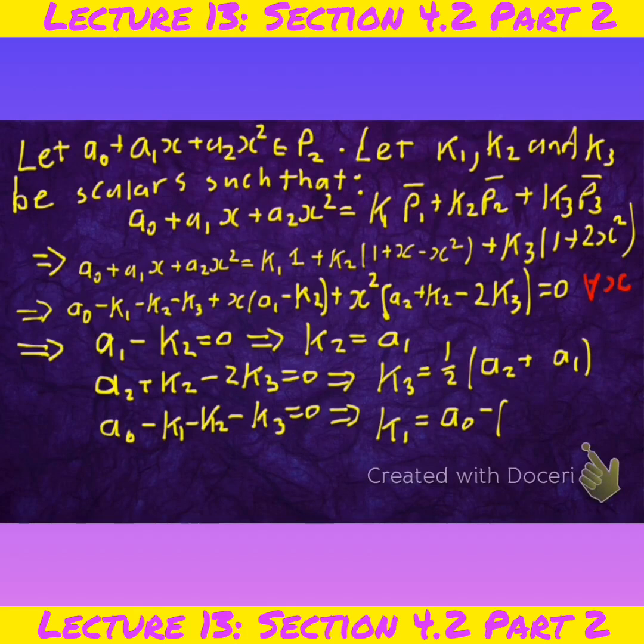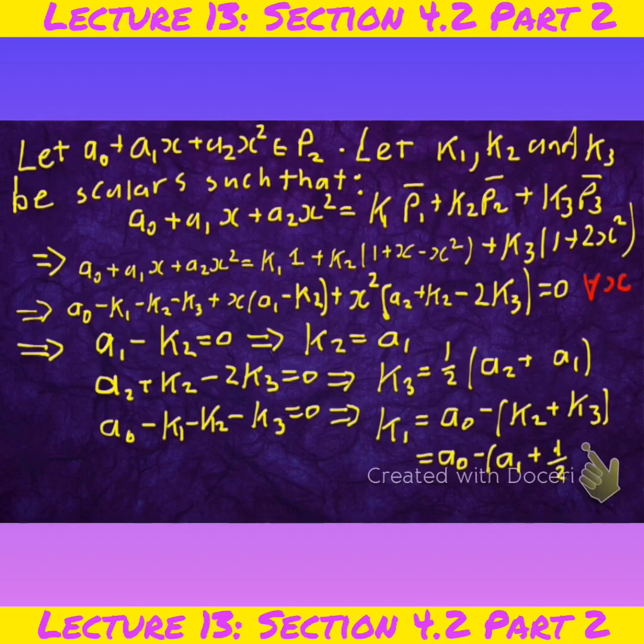minus k2 plus k3. We know k2, what is k2? It's a1. And we know what k3 is.